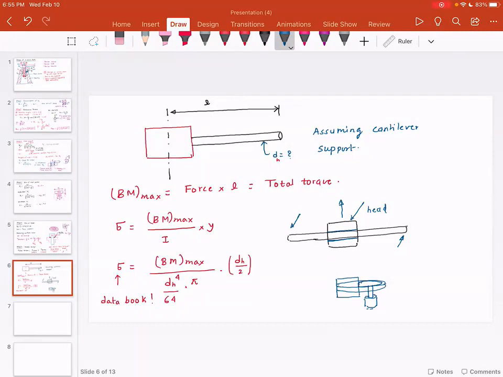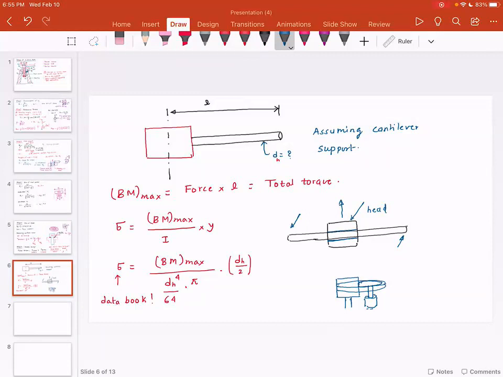And with that, there are some additional complications. The design is no longer very straightforward, and you have to make sure that the motor remains stationary, but still the screw can be raised, and there are other aspects.